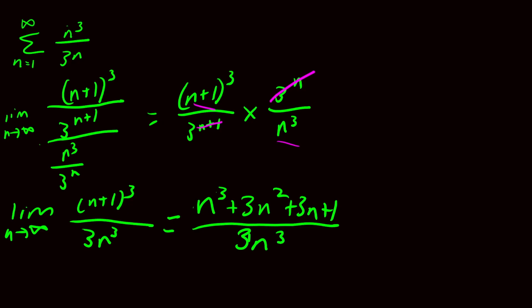Now, if you remember from your pre-calculus class when you were talking about end behavior, how I was taught was basically you can ignore the smaller exponents, right? Because at huge numbers, at n equals 100 million, this measly little 3n won't matter. This measly little 1 won't matter. So now we have n cubed over 3n cubed. The n cubes cancel, and you're left with 1/3, right?